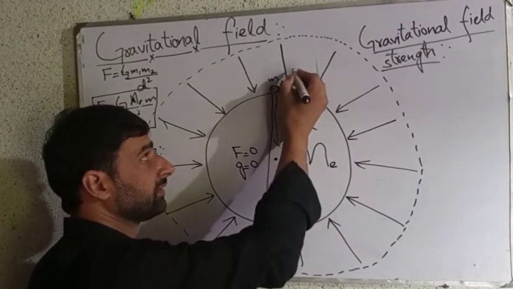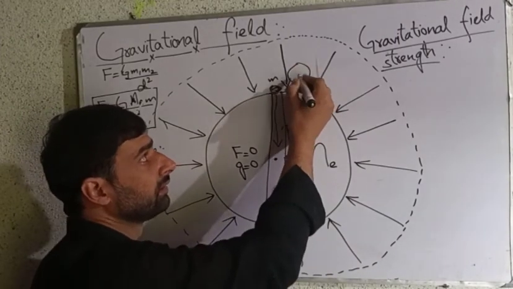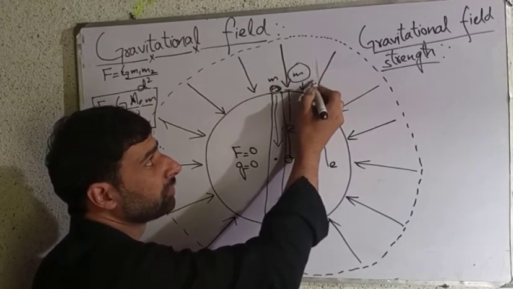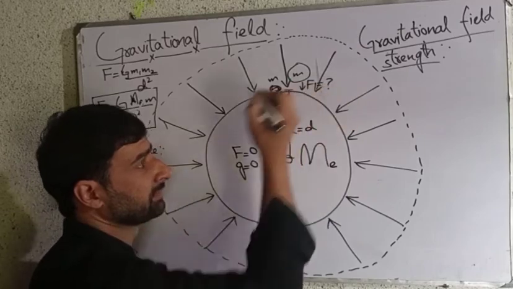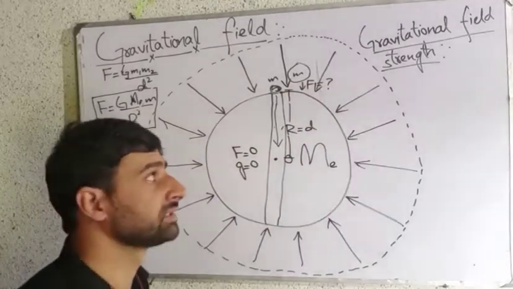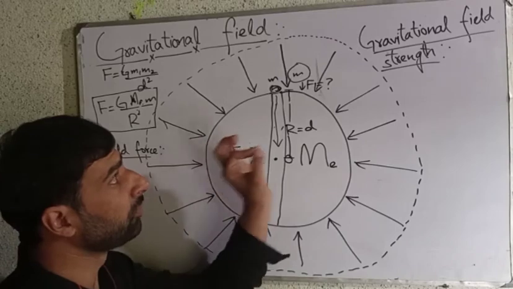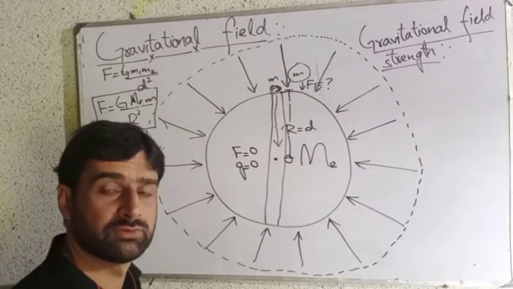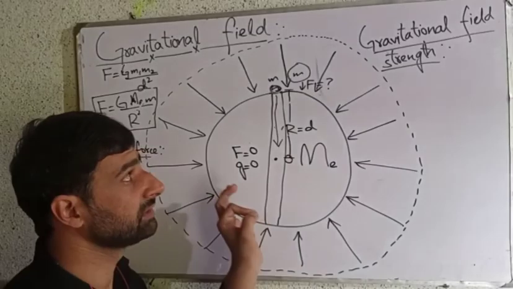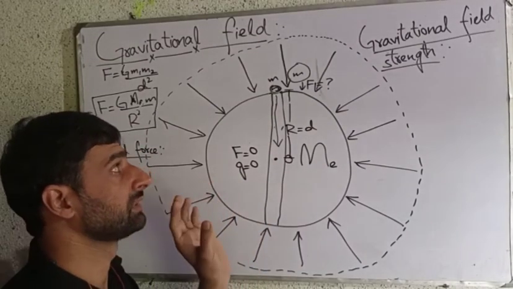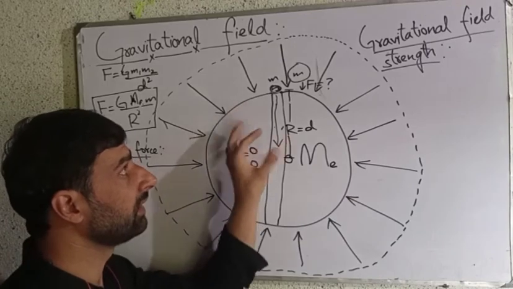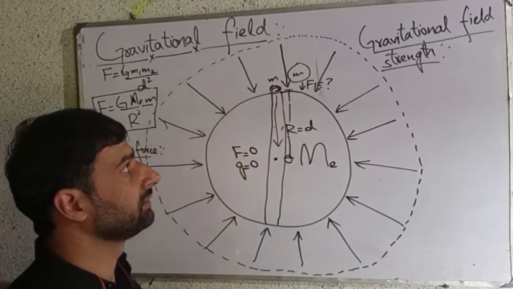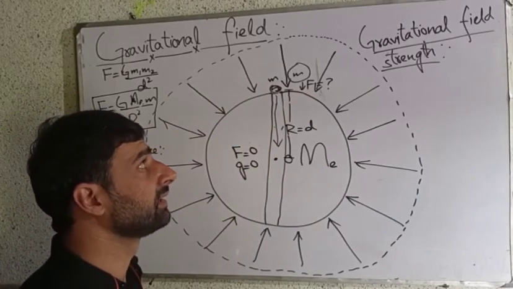If the mass is increased, and another slightly bigger mass is placed here, then what will be the force of Earth on this mass? This measurement is known as gravitational field strength. That is, the force on a mass in the gravitational field.